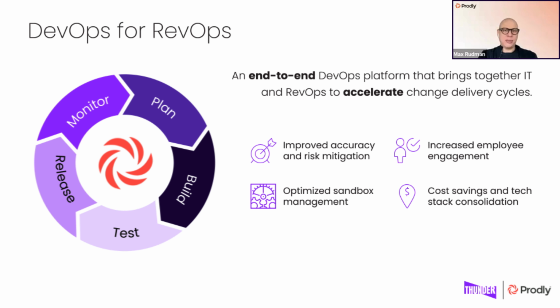Our mission is really to make business software more broadly, and Salesforce specifically, faster and easier to implement and maintain. We believe the way to do that is by fostering a closer collaboration between the business, RevOps, and IT, and really enabling business users to make more of the changes themselves. That's really the way to accelerate the change delivery cycle, which is what it's all about: getting changes to production faster.